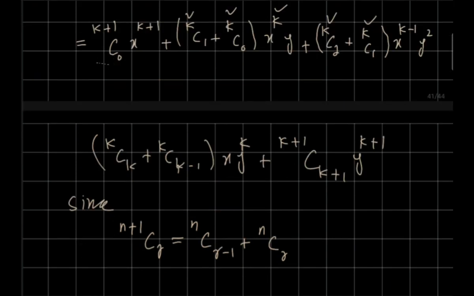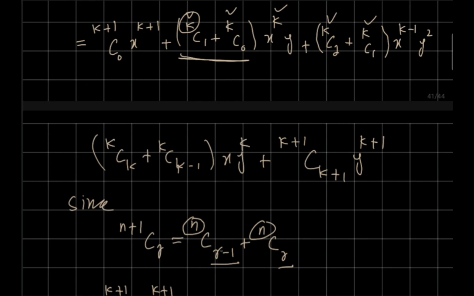So now the first term will come as it is and apply the formula on this term. In this term, n is replaced by k, and here r minus 1 and r. So here r is 1, so r is replaced by 1 and n is replaced by k.